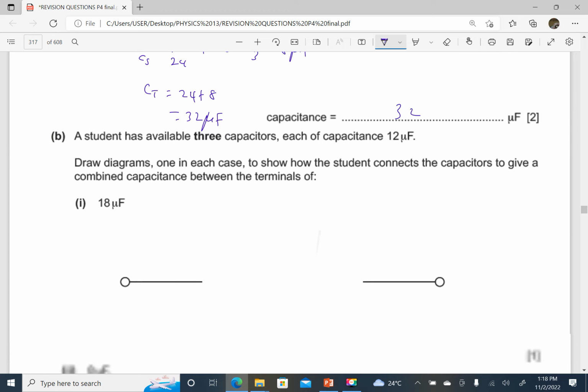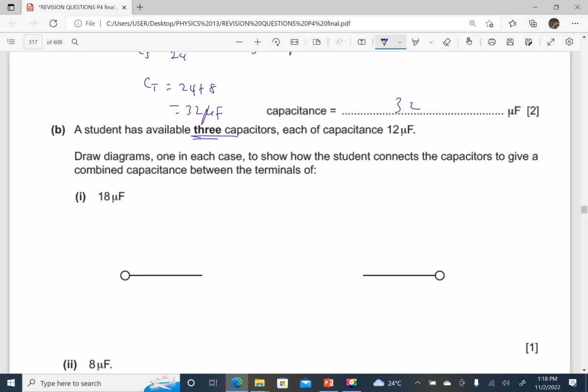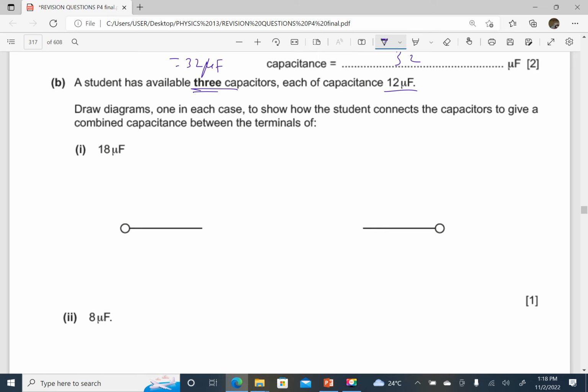A student has available only three capacitors, each of 12 microfarads. Draw diagrams, one in each case, to show how a student connects the capacitors to give a combined capacitance between the terminals of 18 microfarads. Remember, 18 is 12 plus 6.